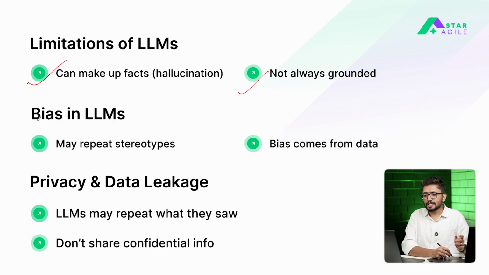The second one is known as biases in LLMs. Because these language models are being trained on data sets that are previously generated, and these data sets can have inherent biases in them. Right? For example, let's say there's a popular bias out there that men are better at certain jobs as compared to women. And those biases are present in the articles that the models have been trained on.